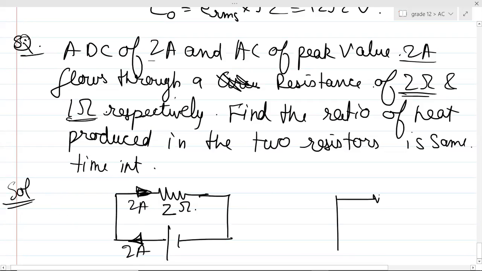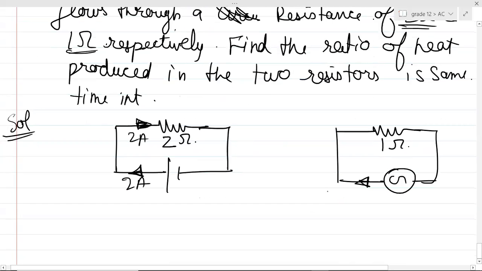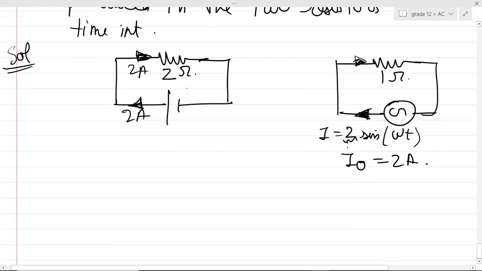And through the 1 ohm resistor, we are flowing a current whose peak value is 2, that is 2 sine omega t. Can you see the peak value? The peak value is given. Is this the question given to you? And they are asking what is the heat produced in the same time interval, right?